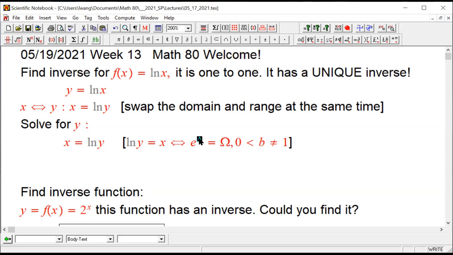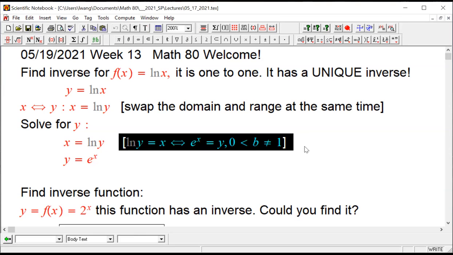So triangle is x, omega is y. And there you go. Solving for y, y is e to the power x. So the magical source of this process is the definition of exponential, the definition of a logarithm.